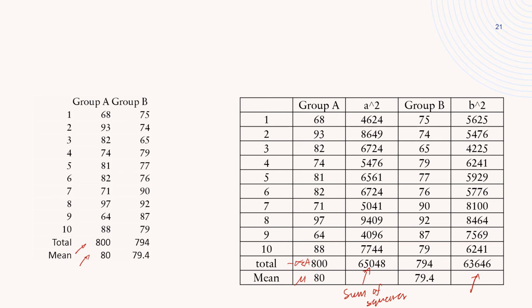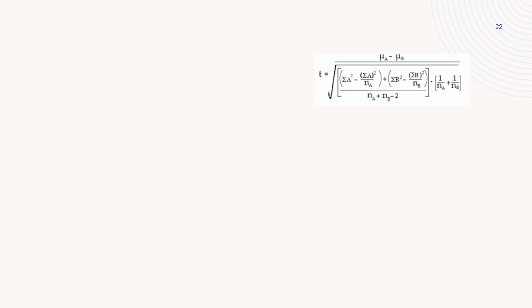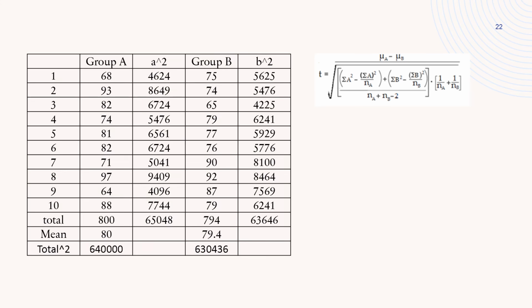This would also be your sum of squares, and you have the summation of all the observations of B. This table makes it a lot easier for us to compute our slightly complicated formula. Now that we have all the information we need, we can apply the formula.